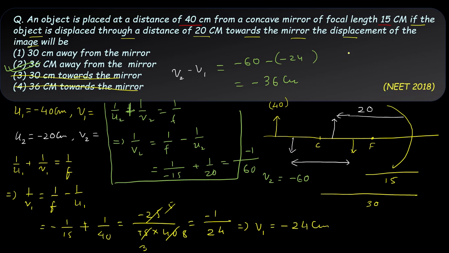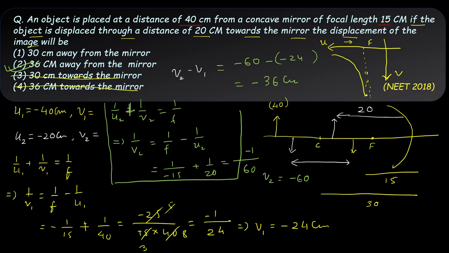If we focus on the plot of the variation between the image position and the object position for a concave mirror beyond the focal length, the graph looks like this. This is my focal point. We see that if we shift the object position a little bit, the image will be shifted by a large amount.